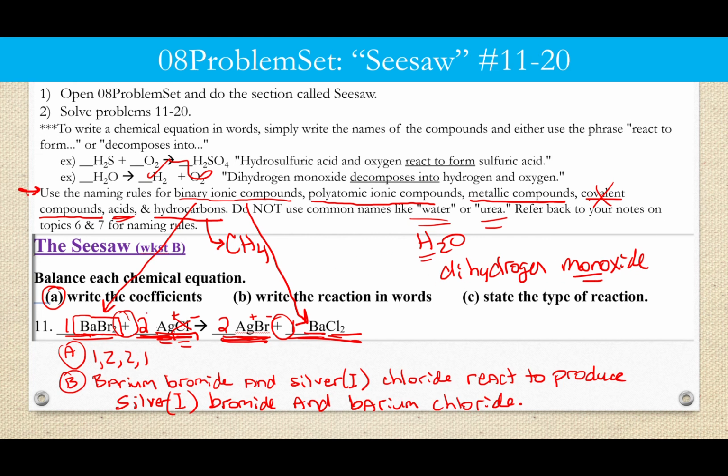All right, so that is how you write the coefficients, write the reaction in words, and now we'll state the type of reaction. We have an ionic compound, another ionic compound.